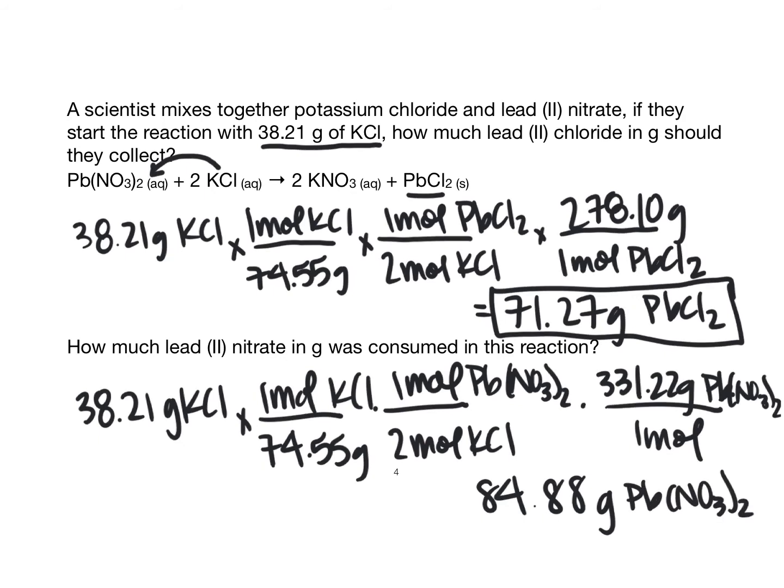Now, you may have had a question about the molar mass of potassium chloride. And so I'm going to highlight what we're going to talk about here in red. So you may have thought that because there are 2 moles of potassium chloride, that you should have multiplied this 74.55 times 2.